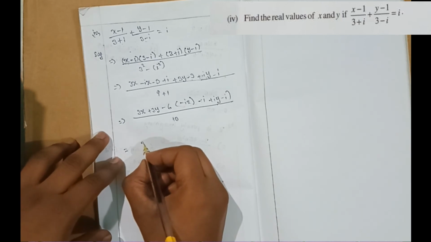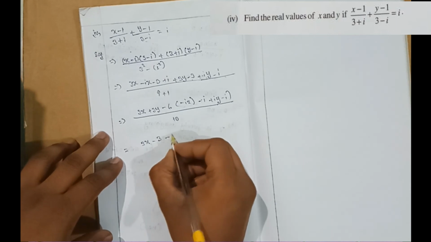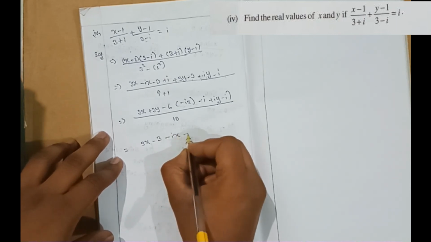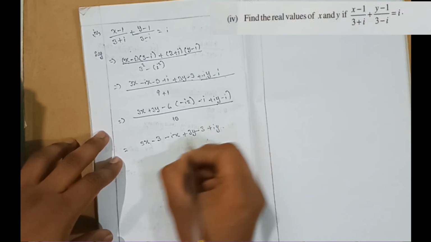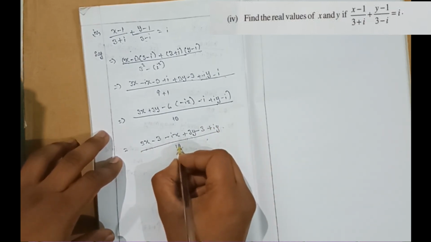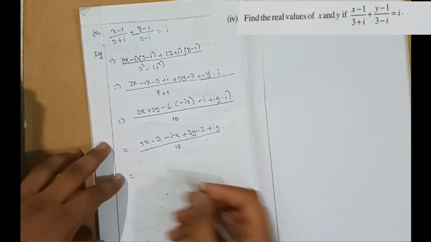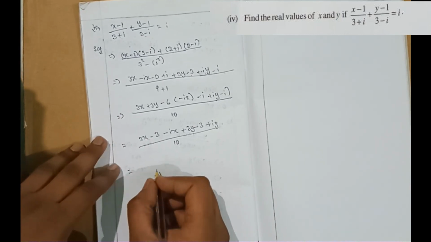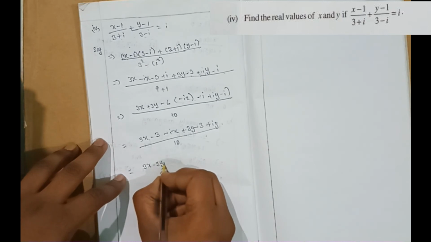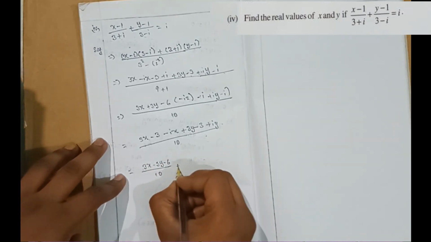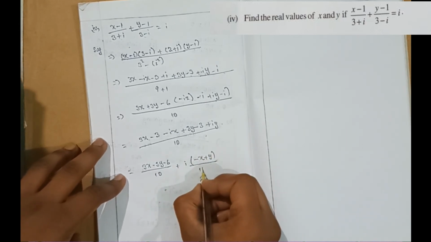Now 3x minus 3 minus ix plus 3y minus 3 plus iy by 10. Now we will divide everything. It becomes 3x minus 3y minus 6 by 10 plus I of minus x plus y by 10.